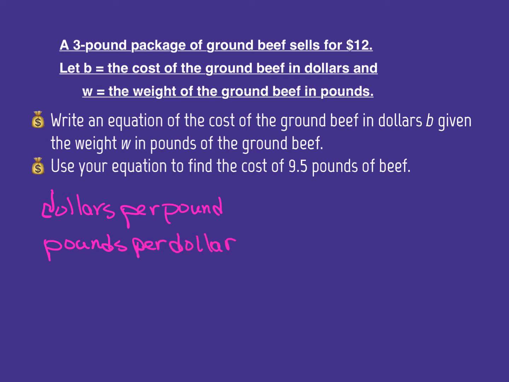So if you went to the store and you were going to buy this ground beef, would you be purchasing it dollars per pound or pounds per dollar? What is it?